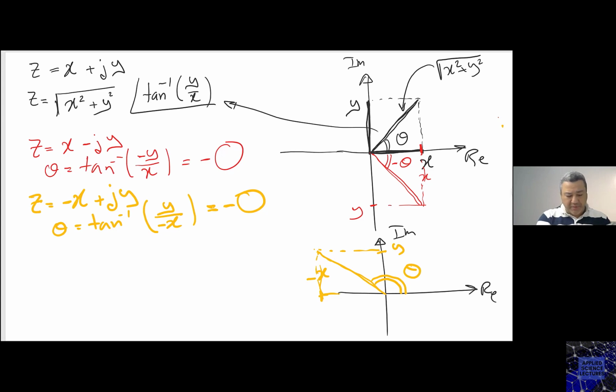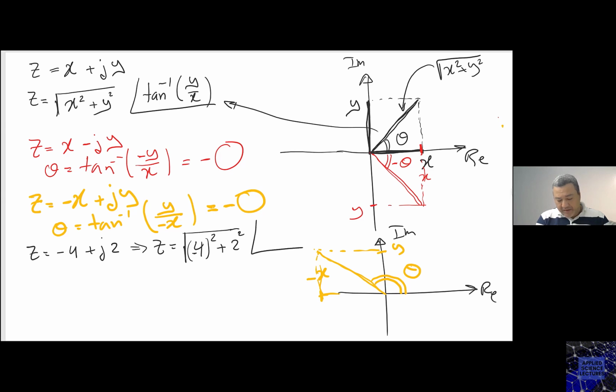Let's take an example. So if I have z equals minus 4 plus j2, then the magnitude of z equals the square root of 4 squared, or you can say minus 4 squared, it doesn't matter, it's going to give you a positive anyway, plus 2 squared.